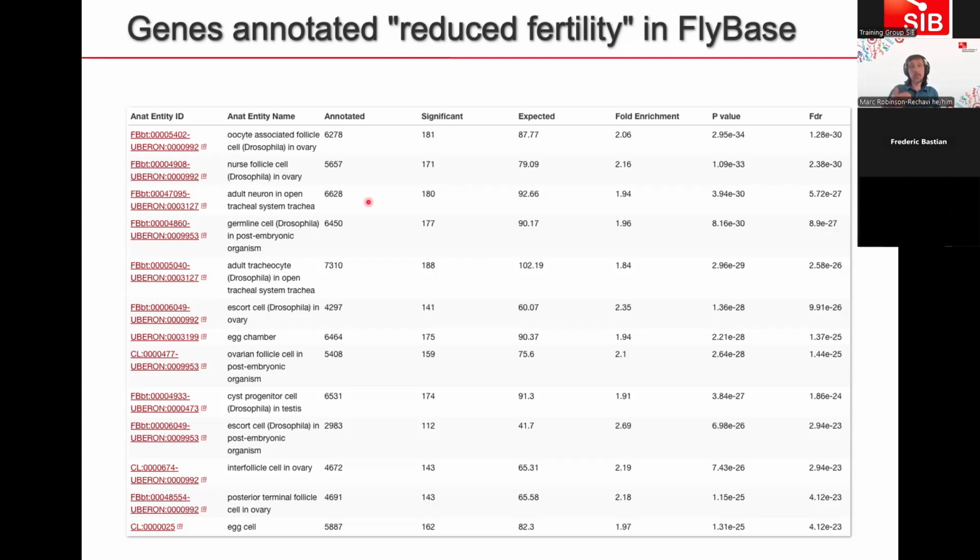And so these genes which give reduced fertility in fly, you can see that they broadly fall into expressed in the reproductive system or expressed in the nervous system. And here I cut the list to fit the screen, but actually it goes down and it continues in these different types. And you have a link here, which when I share the slides after the course, you can click to see this analysis. It's shareable and reproducible.